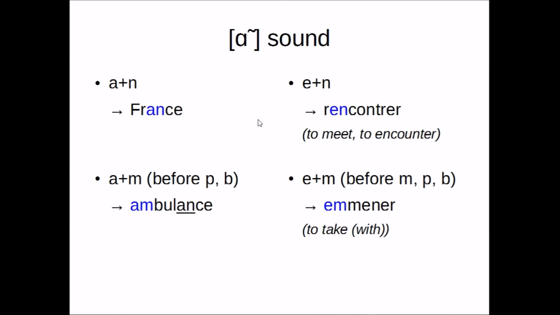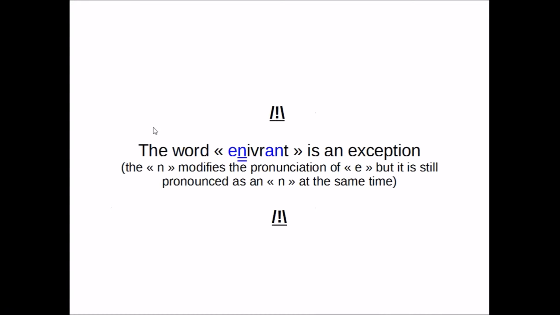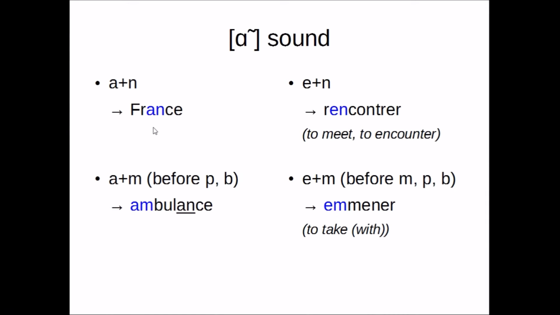You have this sound which is "en", so it's very common in French as well. So you have it in the word of the country, France, oops, sorry, France. It can be written with an. Well, here it's an.